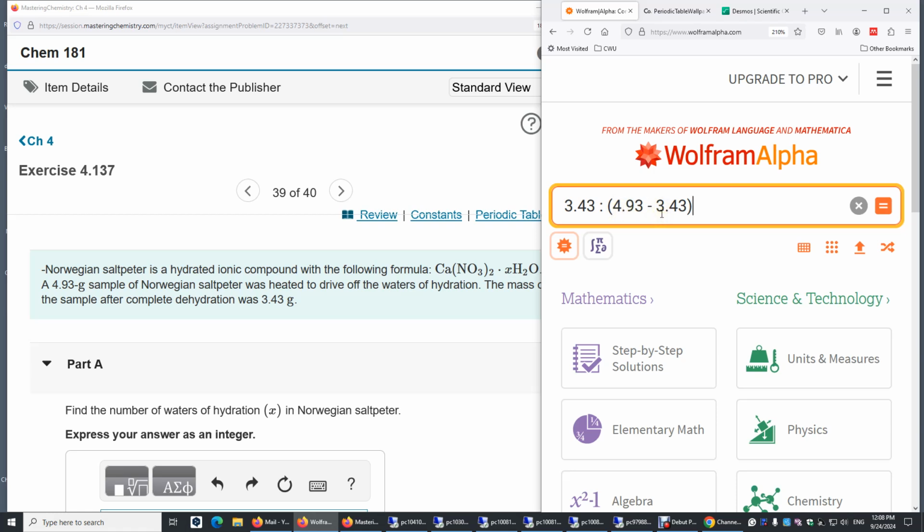Therefore, the difference is the mass of water. And again, we can assume the composition does not change even if you change the amount of the chemical.